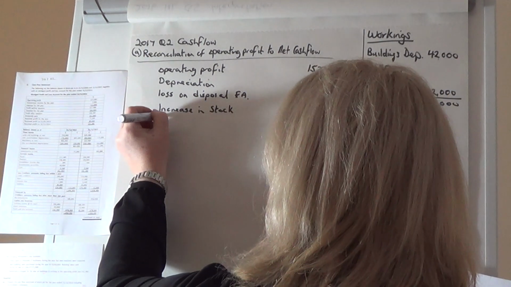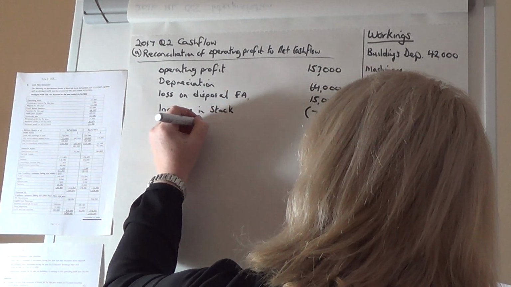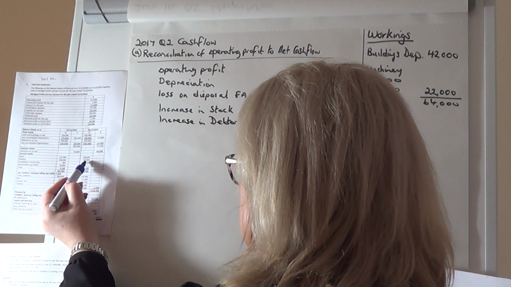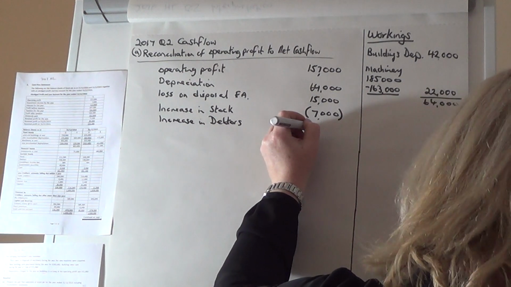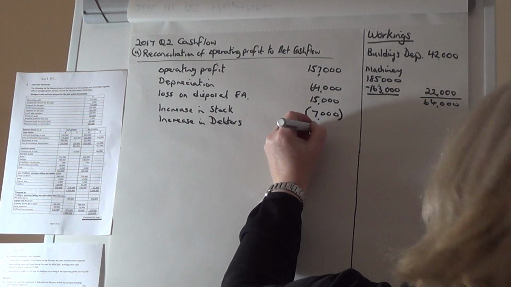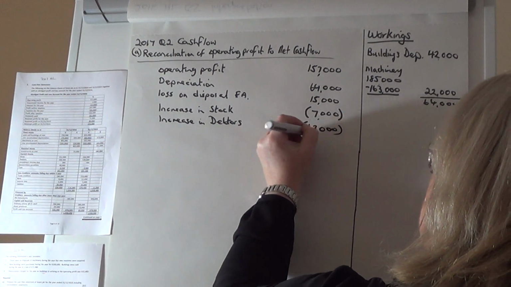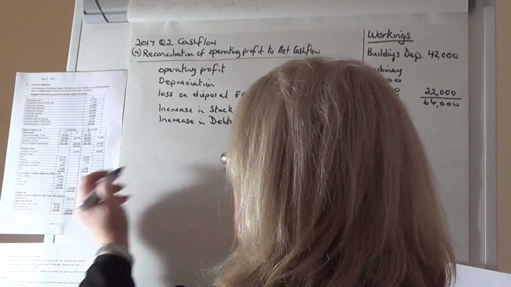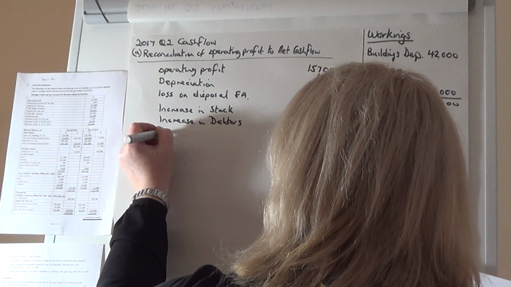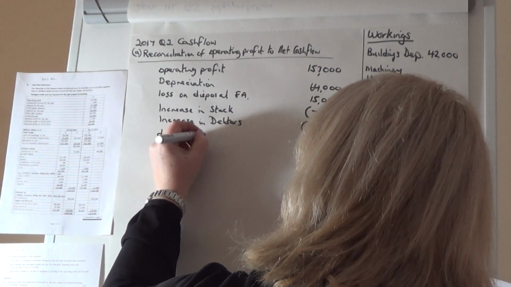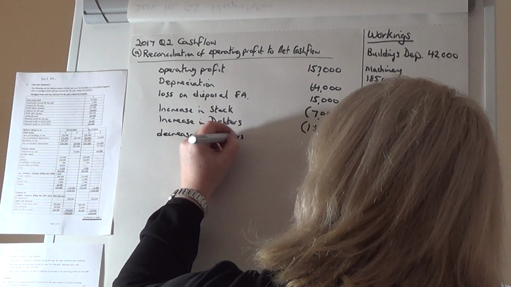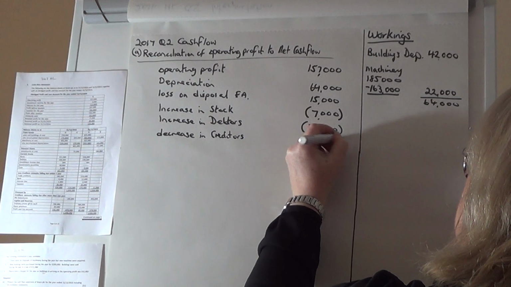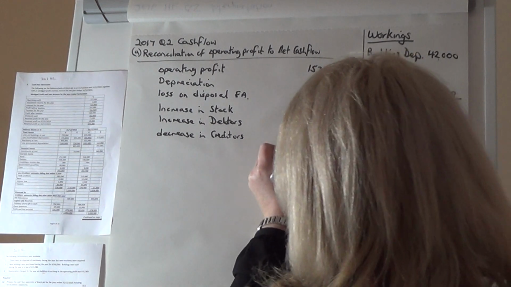And the debtors was also an increase, and you can just do it on your calculator there directly from the question. 135 moved to 148, so that was an increase of 13,000. So that's going to be minus there as well. And then we look to our creditors, and the creditors was a decrease. So a decrease in the creditors is also minus, and the value there is 30,000, and that's all we need in that section for the moment.